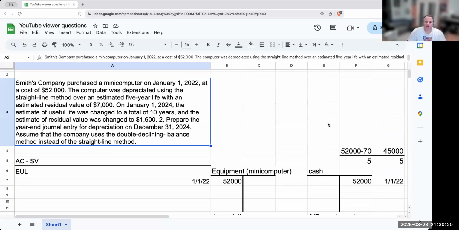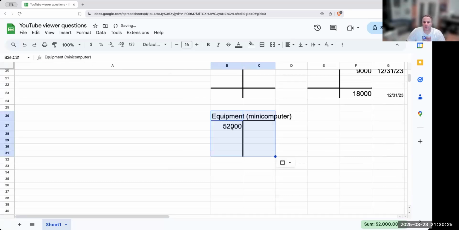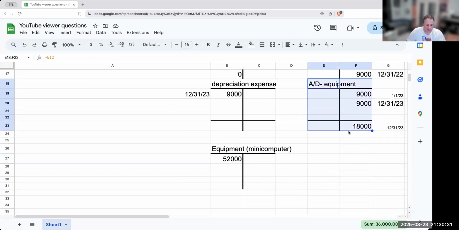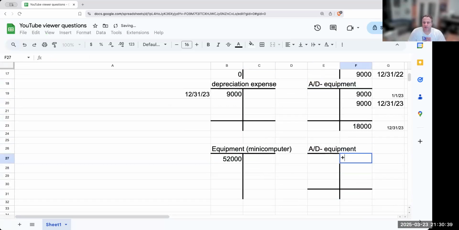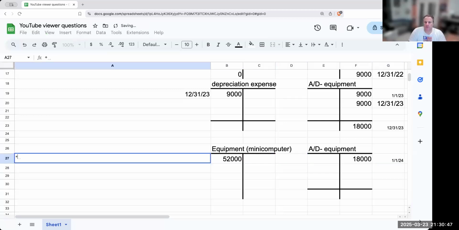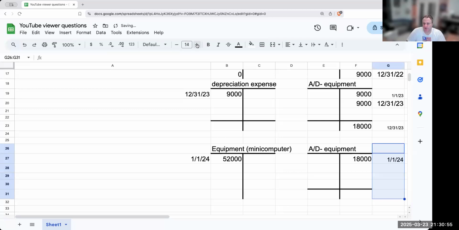Now we get to January 1st, 2024, and let's take a look at what's on our books. This equipment is really never going to go away. My balance in accumulated depreciation on that equipment as of 1/1/24 is 18,000. So I'm just carrying down these values. My balance on the equipment and on the accumulated depreciation is now 18,000.